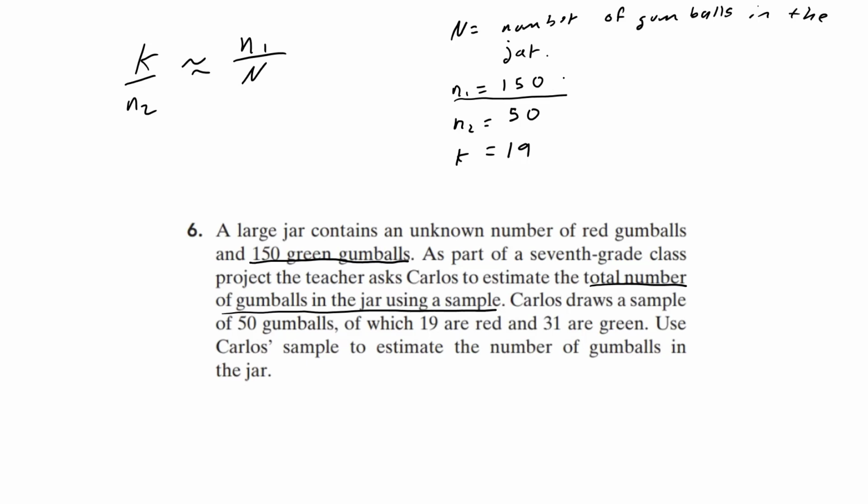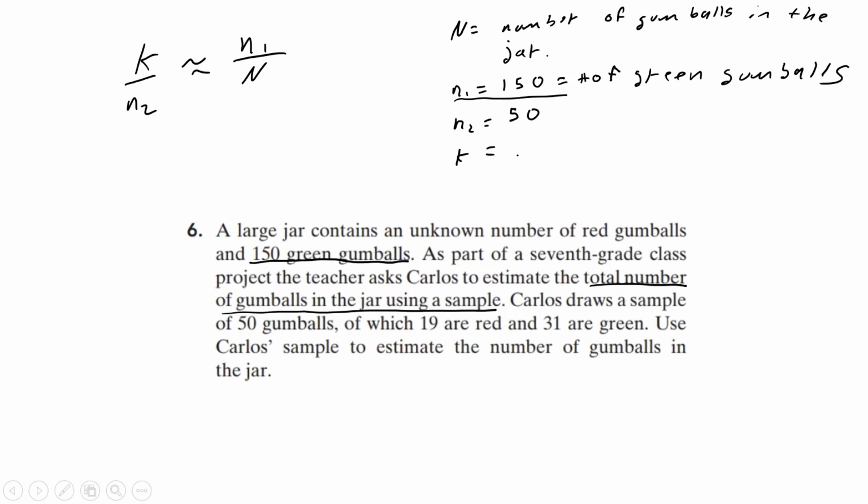So N1 is 150, which is the number of green gumballs. And so then that's the total, right? That's for the entire population. And K is for your sample, how many are tagged in your sample.